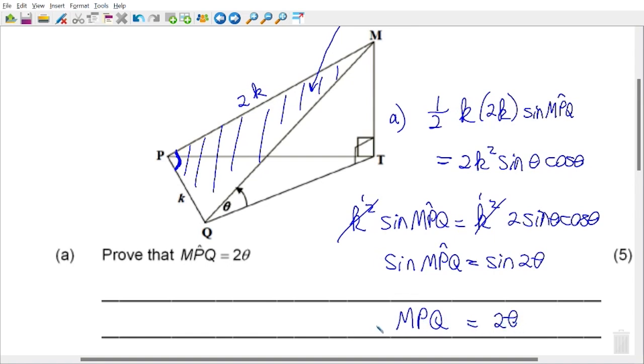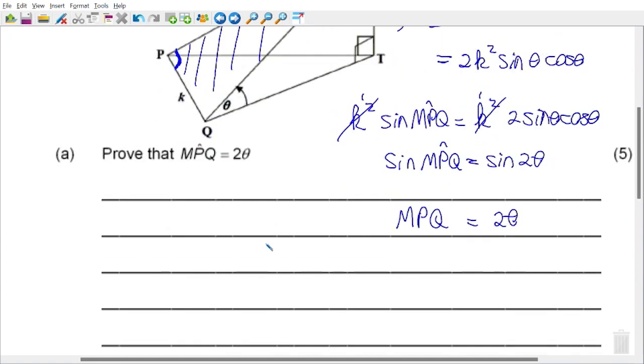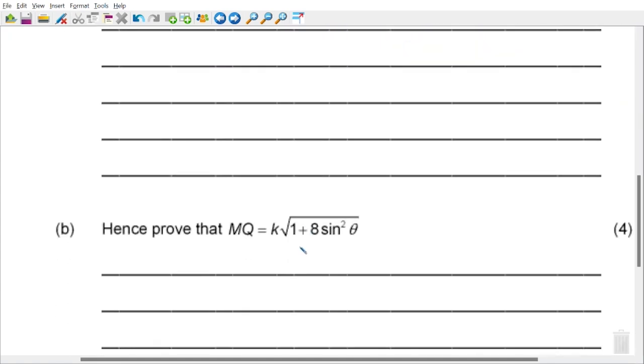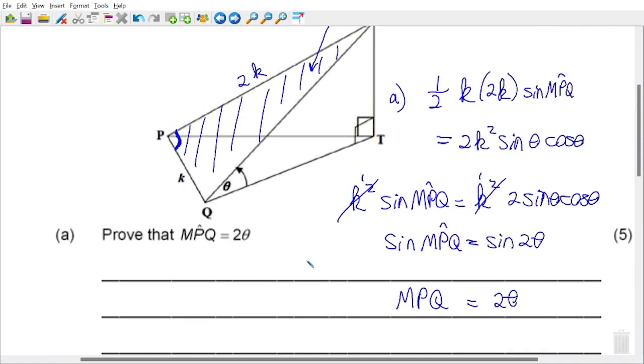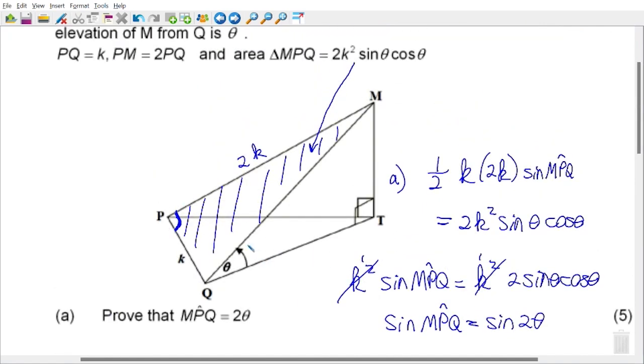Okay, now the next and last thing that I've got to do is find an expression for MQ. If I look at what I've got here, I can use the cos rule, because I now know 2 sides and an included angle.